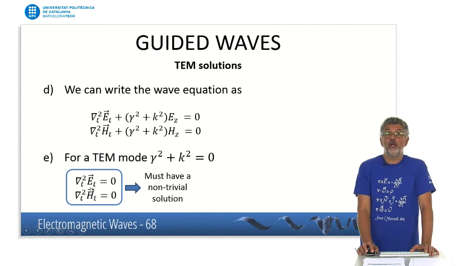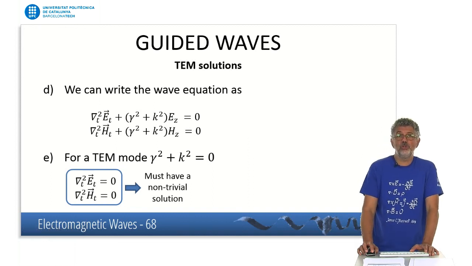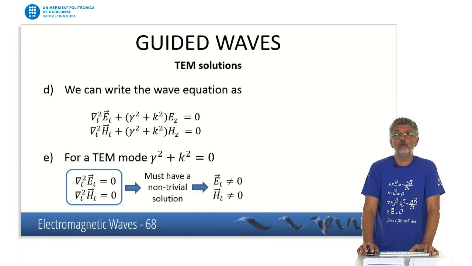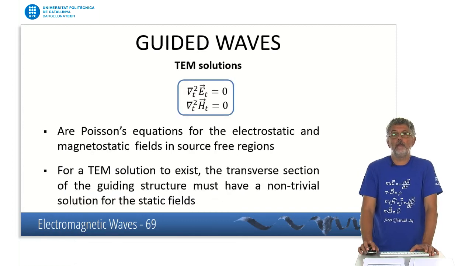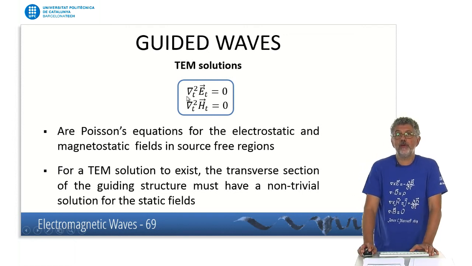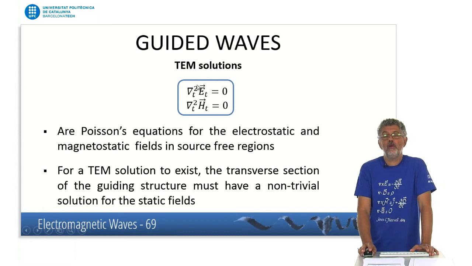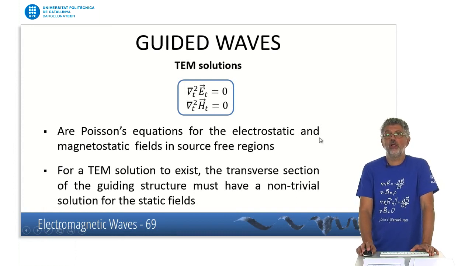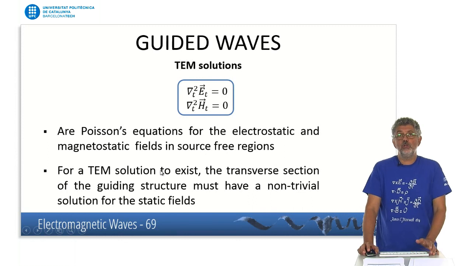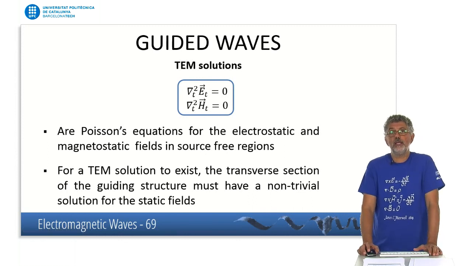Now, if this has to have a non-trivial solution, that is a solution for which the transverse fields are different than 0, that's the condition we have to meet in order to have a TM solution. But now, if you look at these equations, those are Poisson's equations for the electrostatic and magnetic fields for a source-free region. So now we can see the condition that we need to meet to have a TM solution.